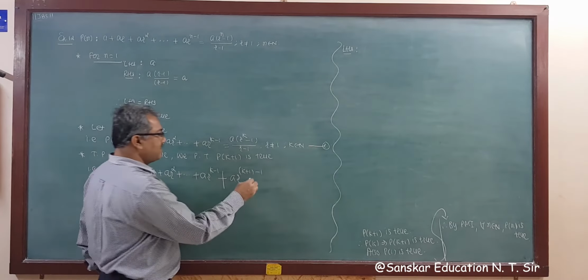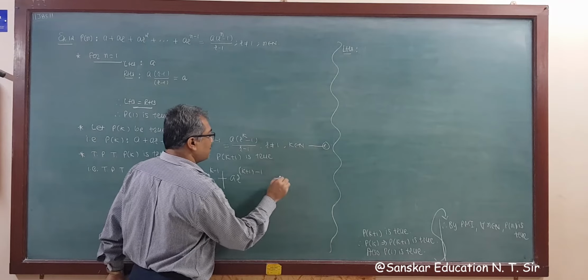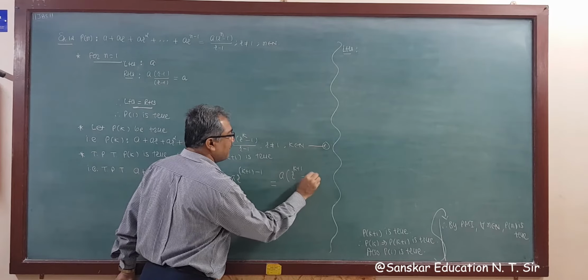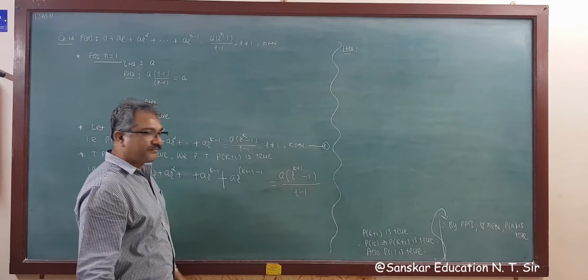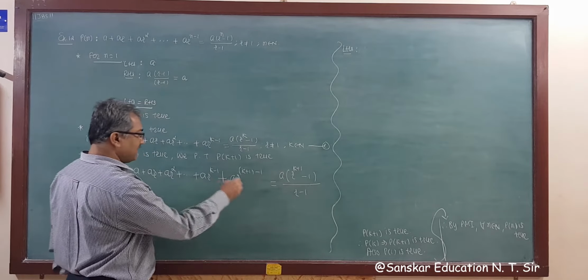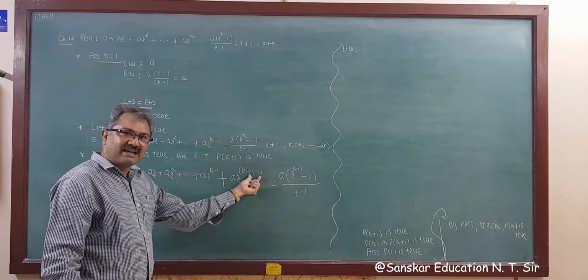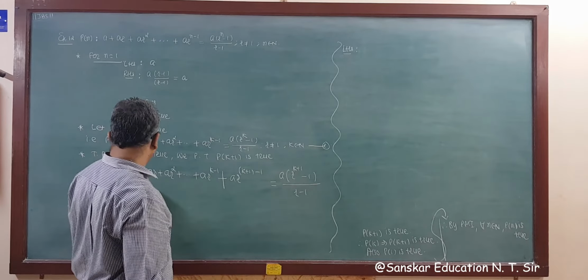Got it? This is equal to a(r^(k+1) - 1)/(r - 1). So I think no need to simplify. We know that this 1 and 1 cancel. So this is your left hand side. So we proceed further directly with left hand side.